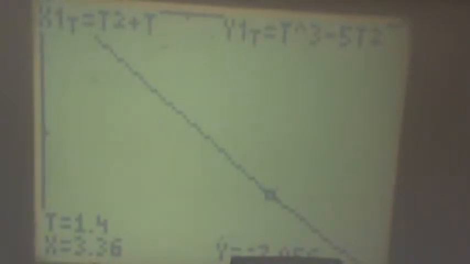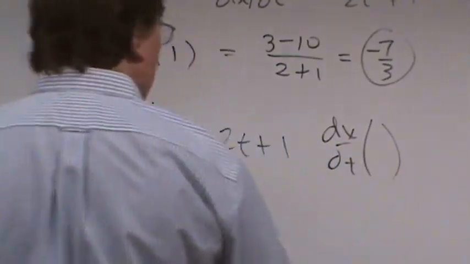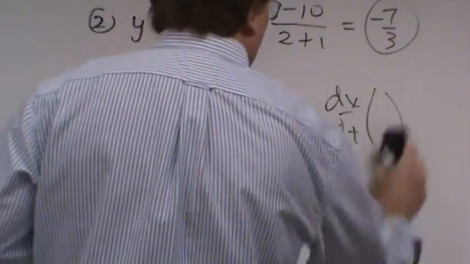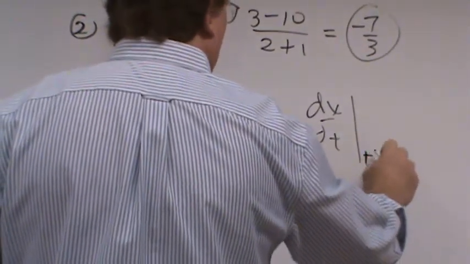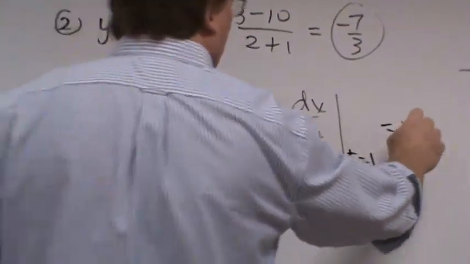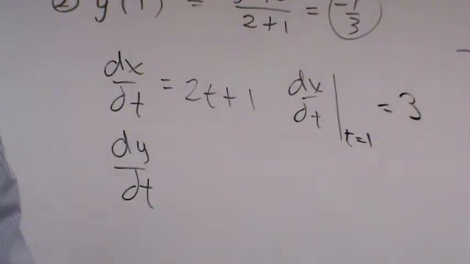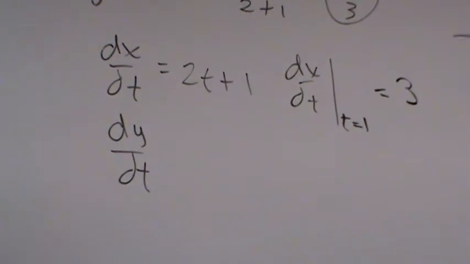So yeah, dx dt ends up being 2t plus 1, right? So dx dt evaluated at t equal 1 ends up getting you 3. So if this was like meters and seconds, it'd be 3 meters per second.